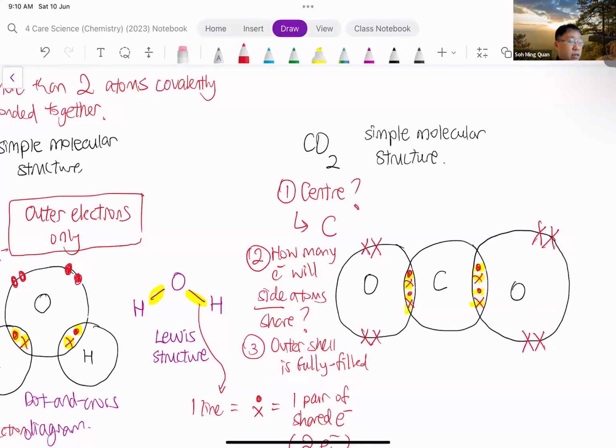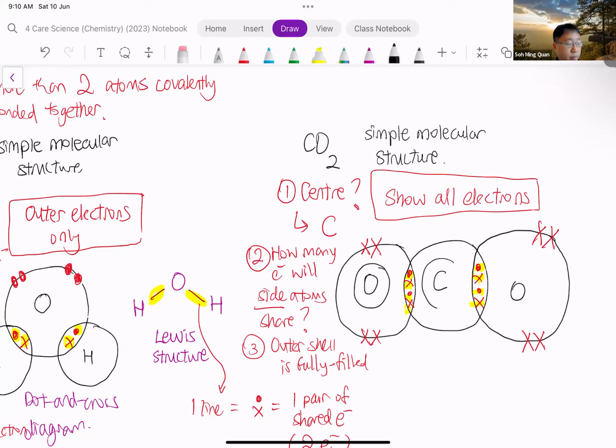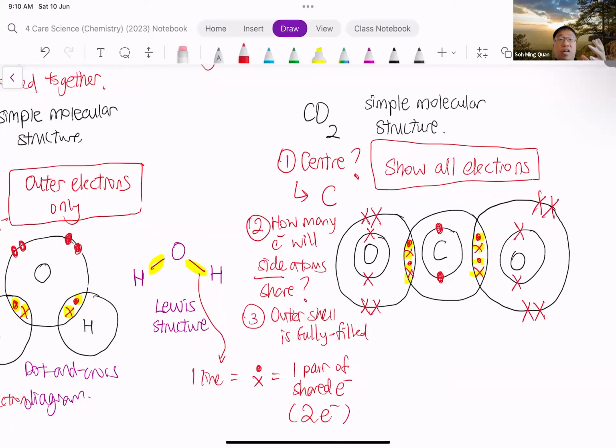However, what if the question asks me to show all electrons? If that's the case, I will still need to draw the inner shell. Remember, the inner shell is not shared, so you do not overlap it. Cross represents the electrons of oxygen, dot represents the electrons of carbon. All right, so to show all electrons, this will become the correct answer, because you need to show the 2 electrons which are in the inner shell.